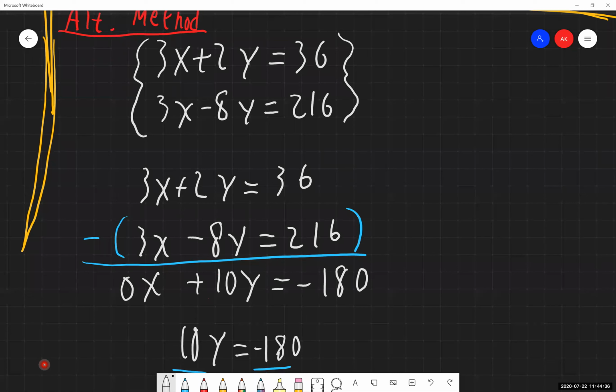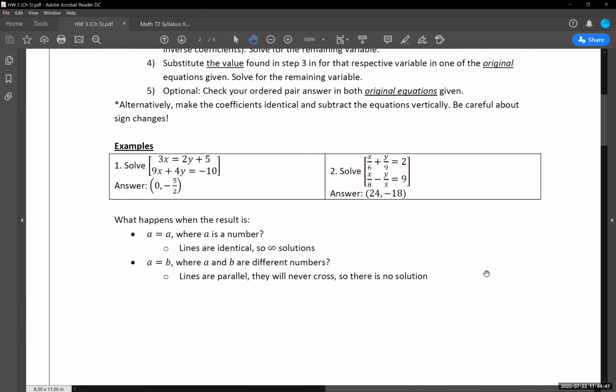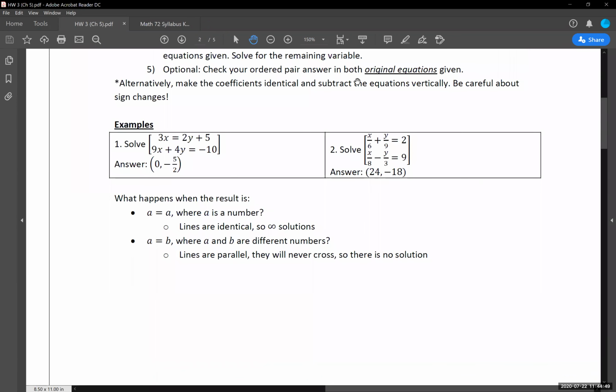Now I'm going to jump us back to our notes here, because there's one last bit that we do need to touch base on with this. So we can have instances like we had yesterday, where we're going through and using the elimination method, and we find that we get a number is equal to a number. Well, what happens there? That means that these lines are identical to one another, so we have infinite solutions.